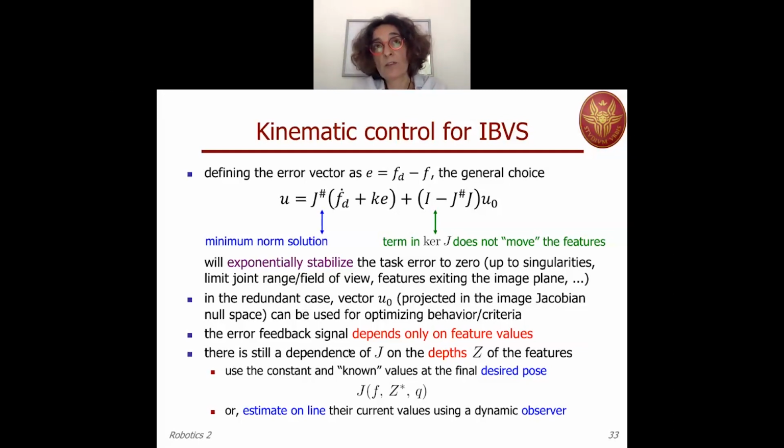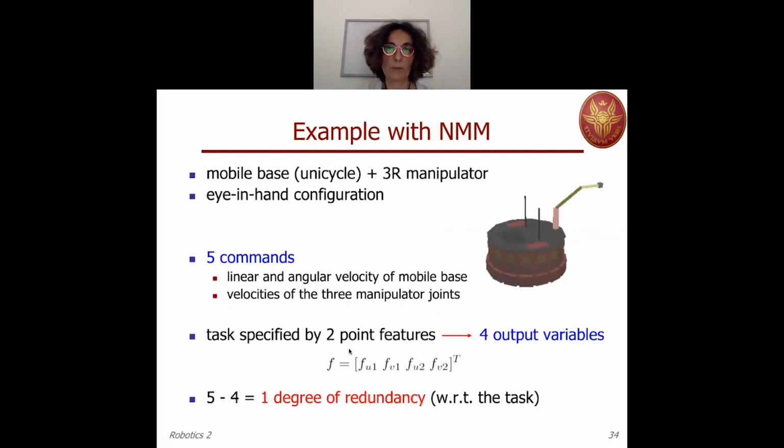Actually, the control is quite robust with respect to uncertainty of the depth. It has been shown that one can use constant unknown values at the desired final pose, or, if we want to be more accurate in the control, particularly in the transient phase, estimate online the value of the depth.